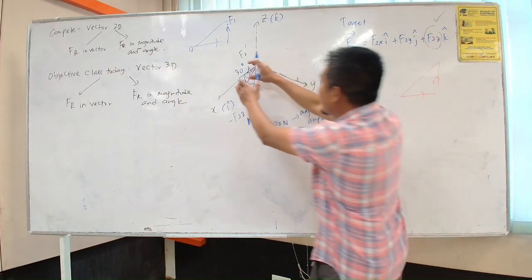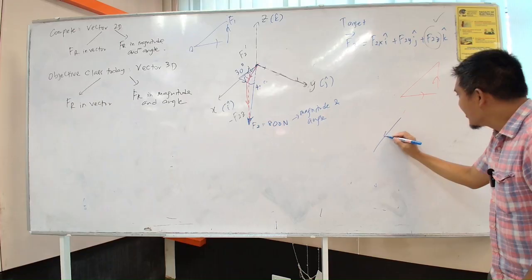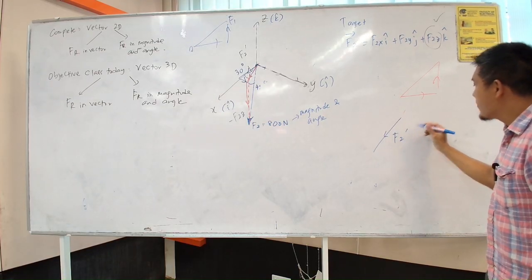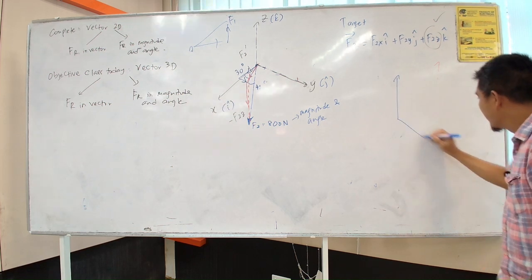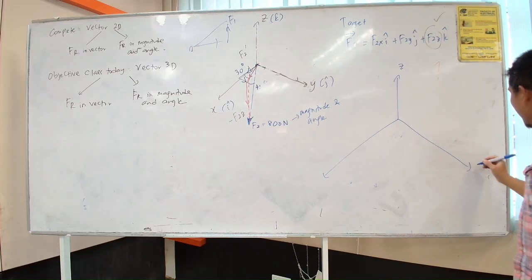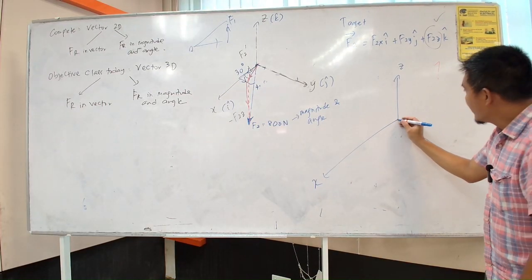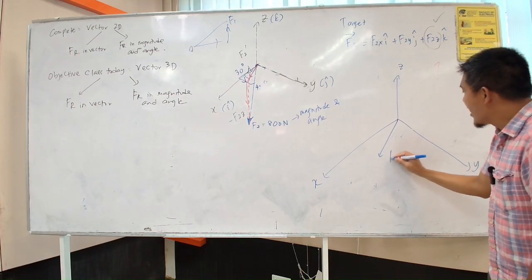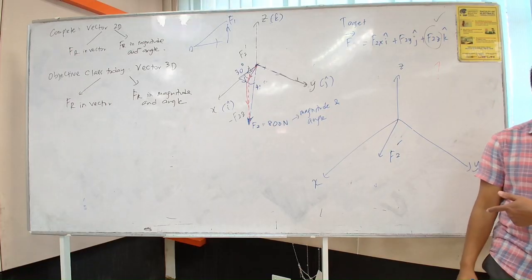If I can zoom in, this is F2 prime. I can zoom a little bit bigger. This is Z, this is Y, and this is X. And this is your F2 prime.